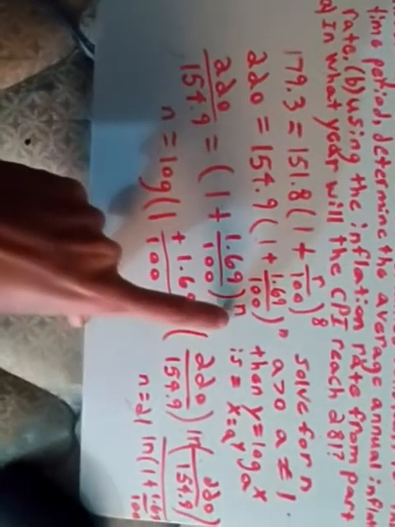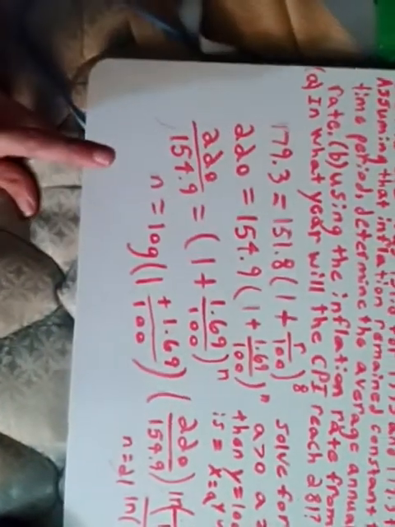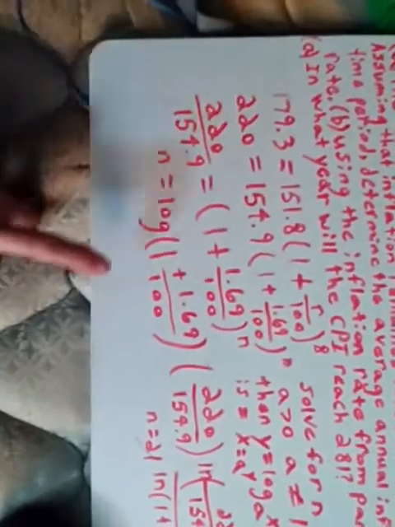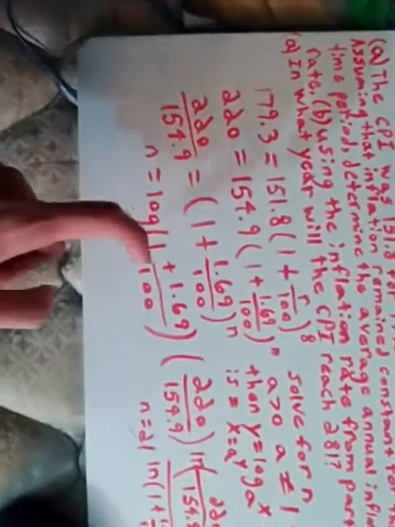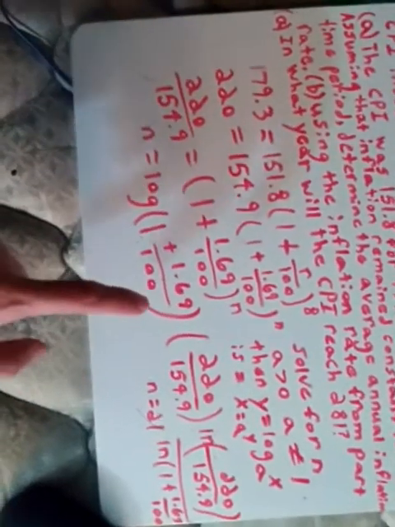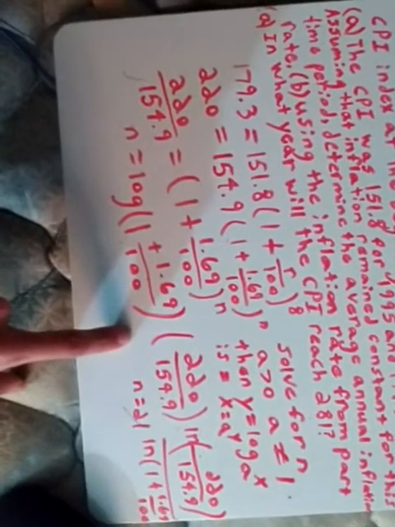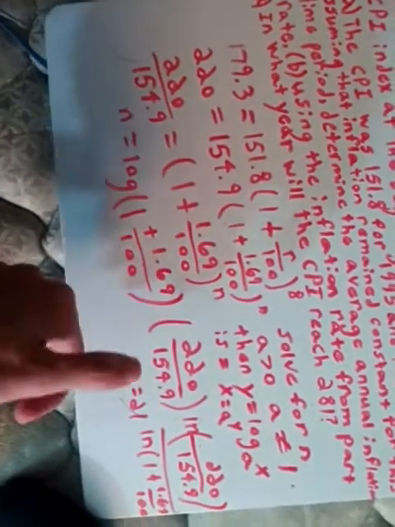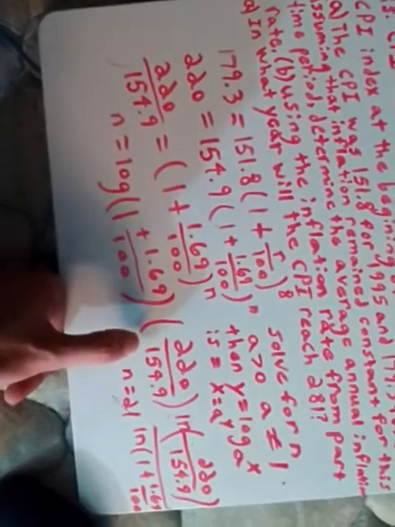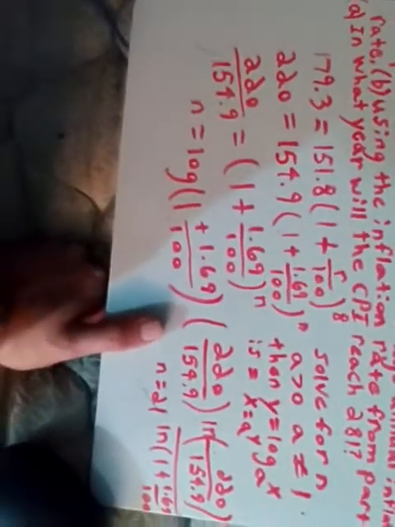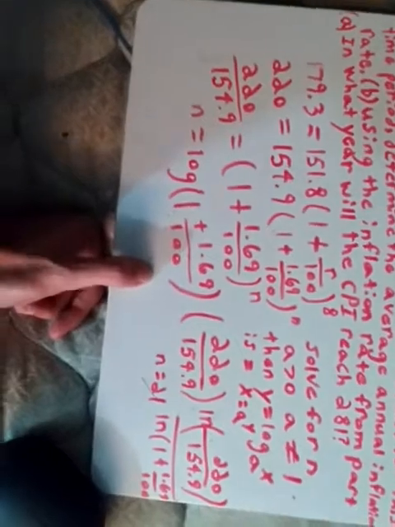The n power is going to become a logarithm: n equals log base (1 plus 1.69 over 100) of the x value, this fraction.